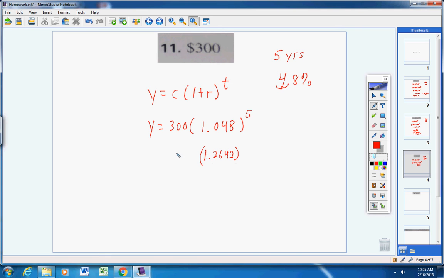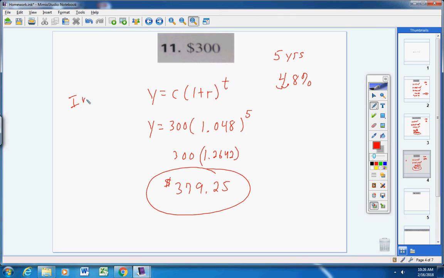And of course, take that, students, times 300, and your balance will be $379.25. Okay? So you started off with $300, and now you have $379.25. So that's your balance.